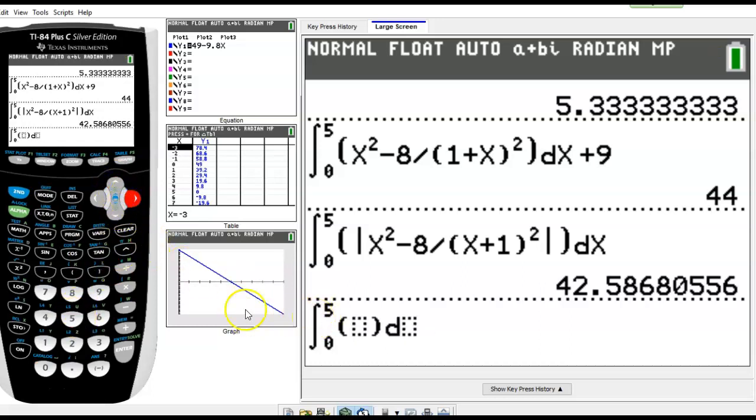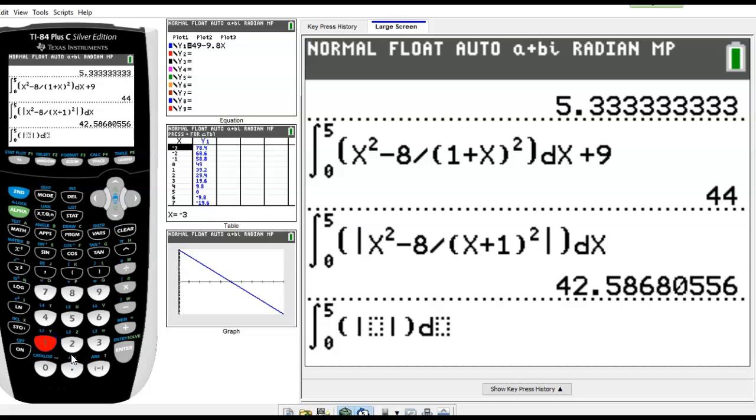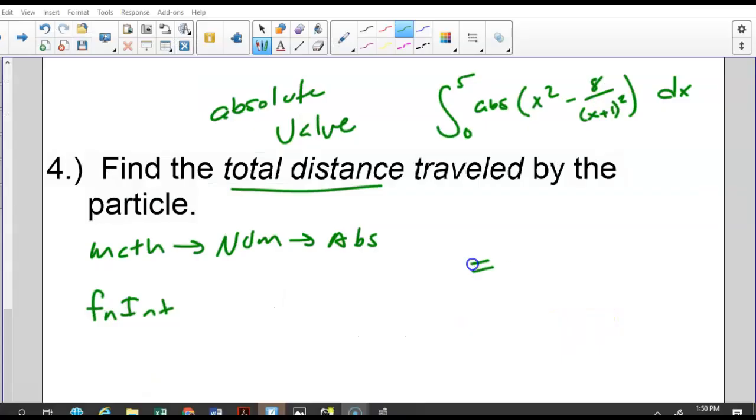Now go right here. Now you're going to press math, go right to NUM, and then ABS. Got it? And now put the function in, and you should get 42.6. I'm around at 42.6. If you're having difficulties, let me know. We ended up with 42.6 units, right? Again, total distance, guys, you've got to use absolute value. You got it?